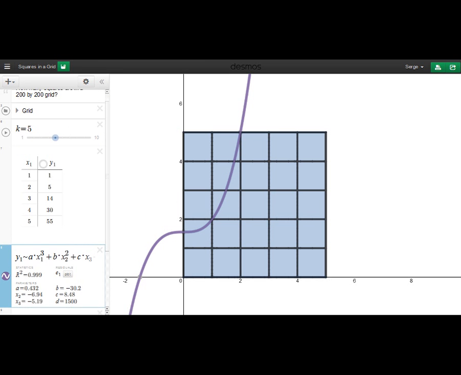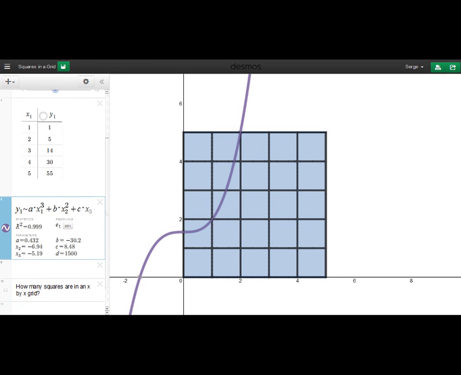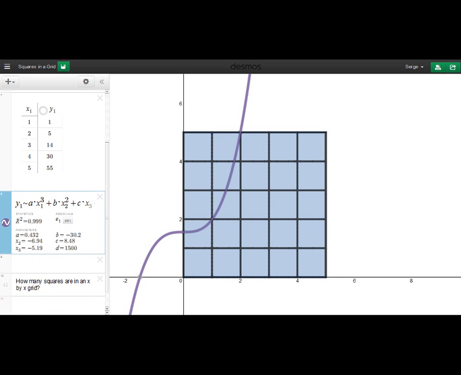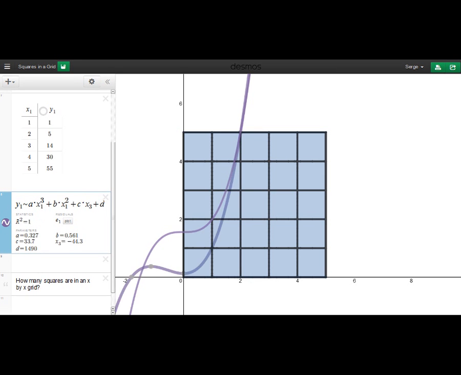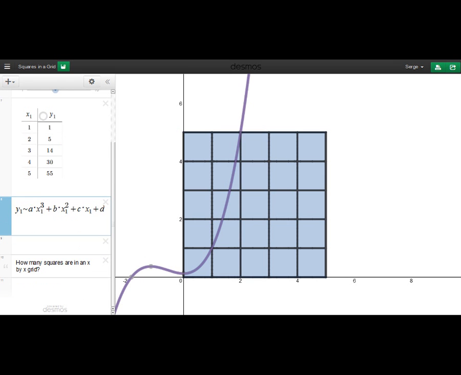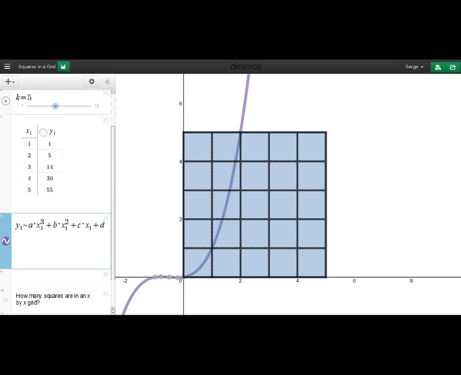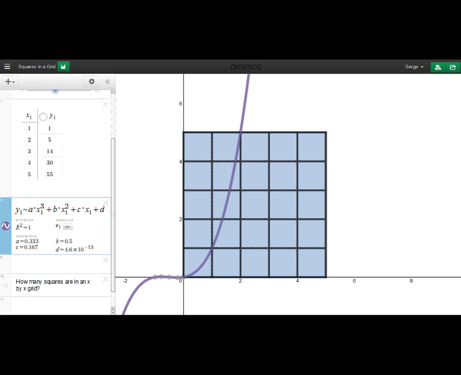When we throw that in there, it gives us a curve with various parameters here. Why did I use x1 and x2? X1 was the only variable we had. When we do, it gives us values for a, b, and c.